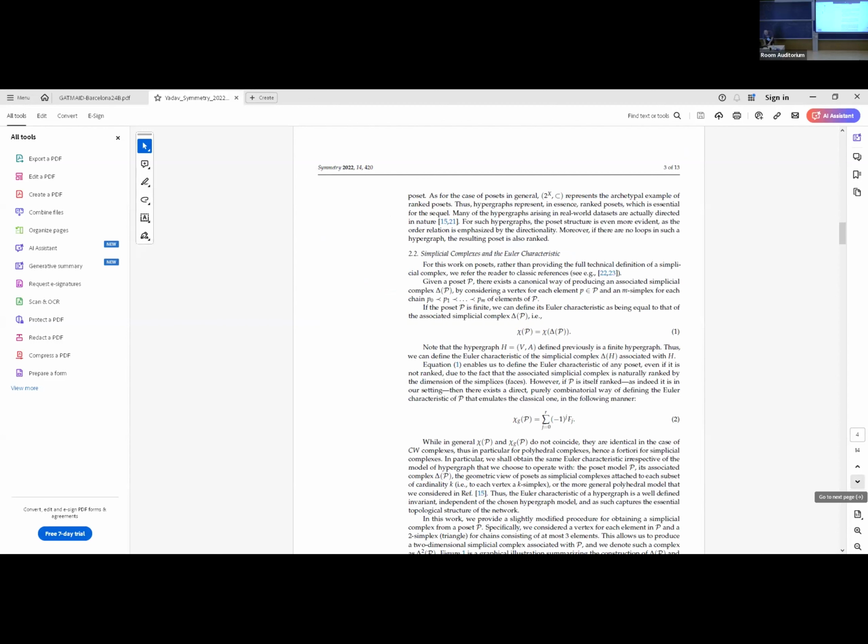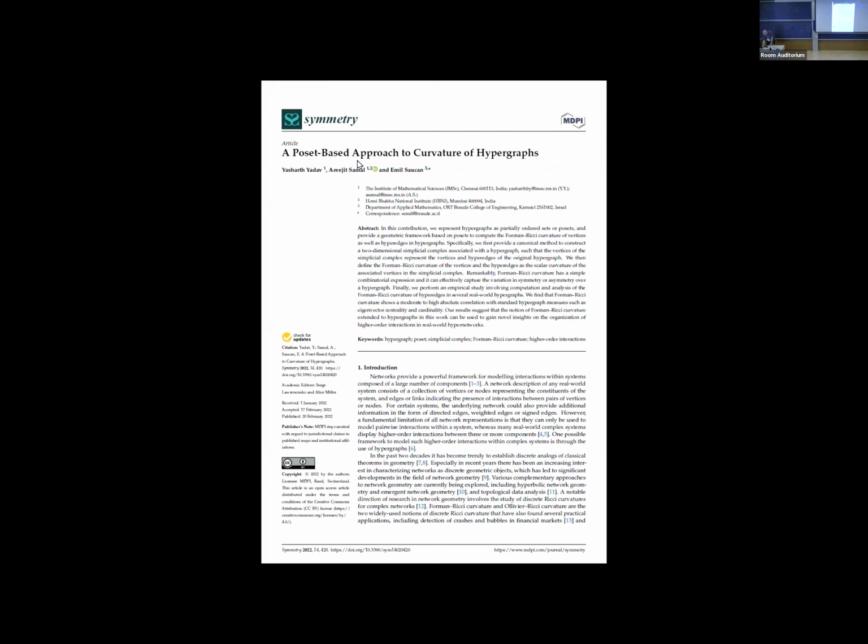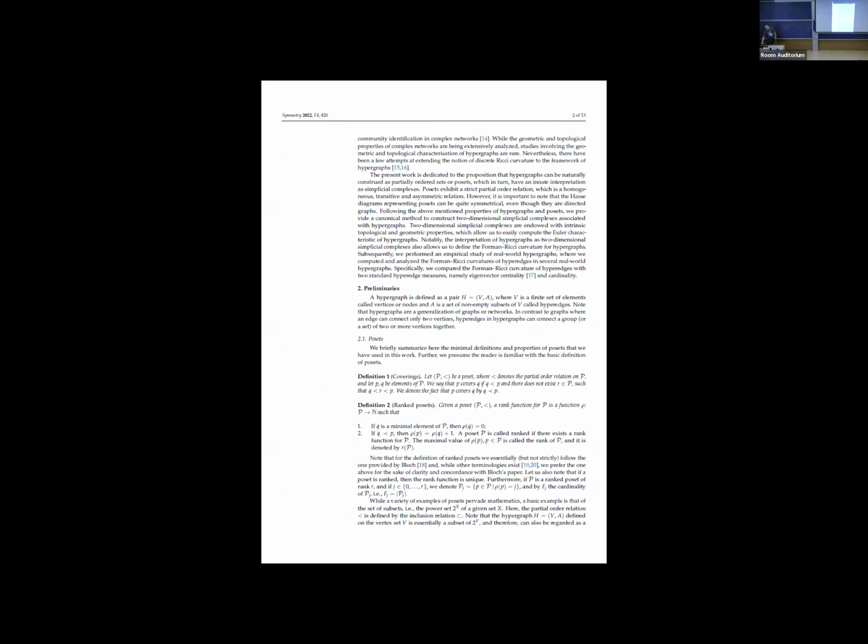Zoom in, how do I do zoom in now? I don't know. Sorry, more. It doesn't really matter. Can you see it at large, so to say?